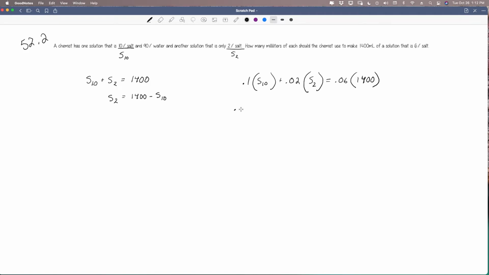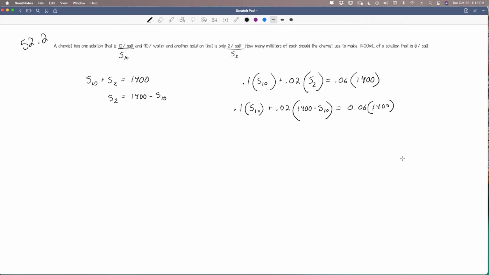So 0.1 times however much is in S10 plus 0.02, and then S2 equals 1400 minus S10 equals 0.06. I should have left that 0 out. It's fine. Times 1400. All right.